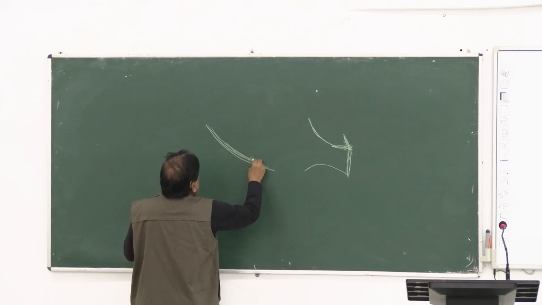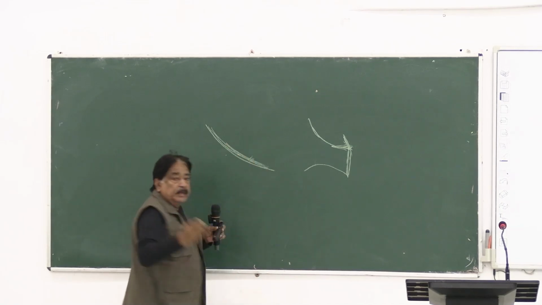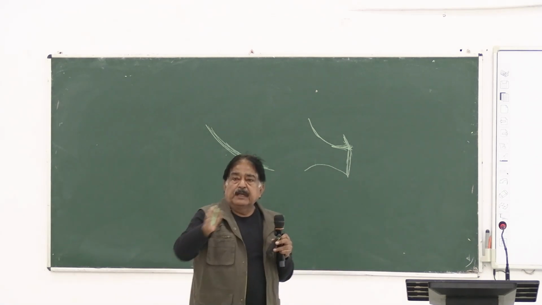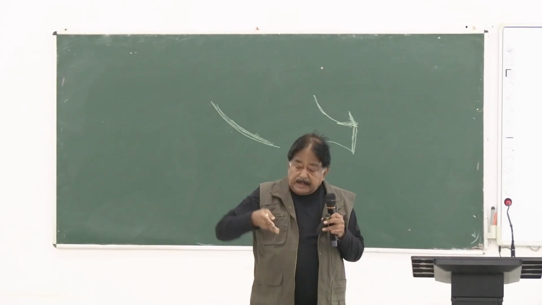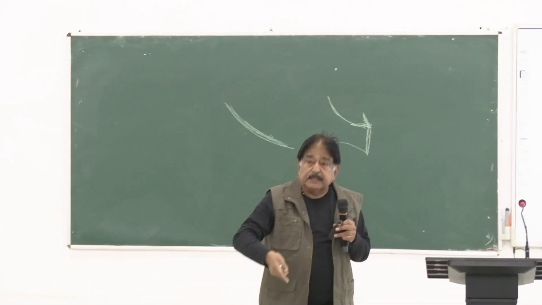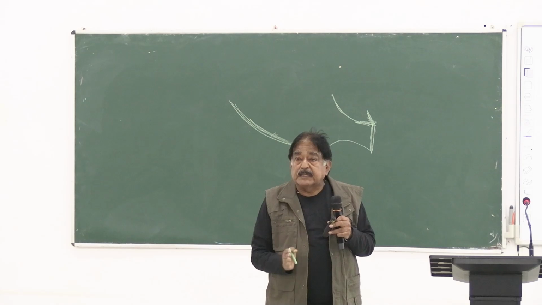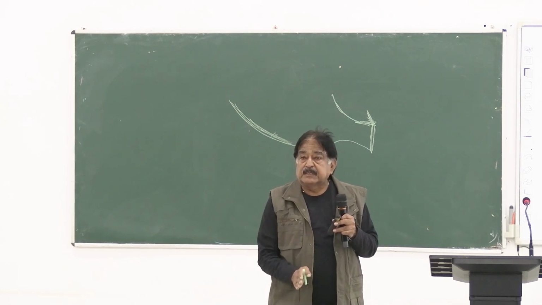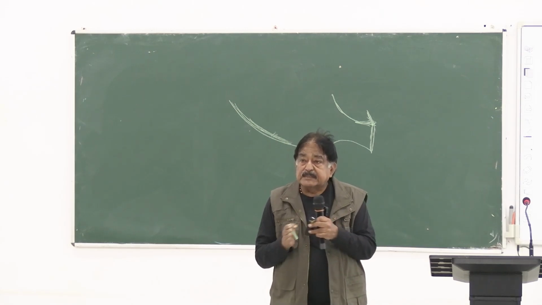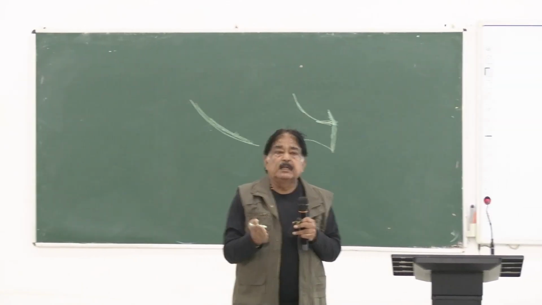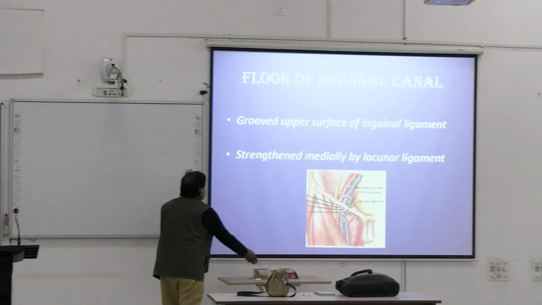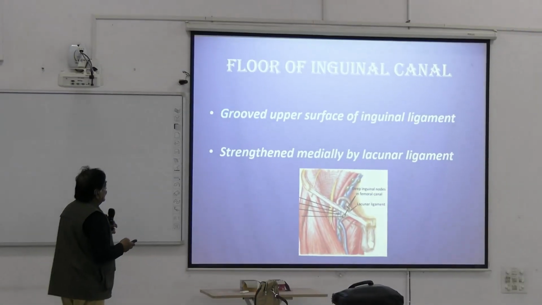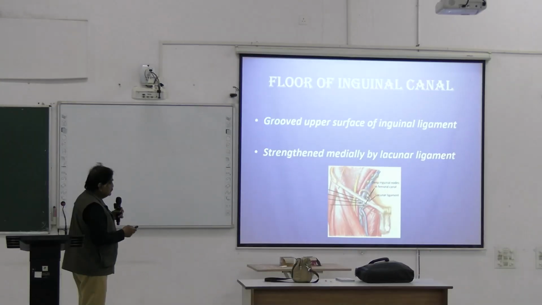Over here, you can see the fibers of the internal oblique muscle, the aponeurosis, and you see that it is a straight line. You can put the fascia transversalis and transversalis muscle, and you can dissect and see the total inguinal ligament there. Okay.